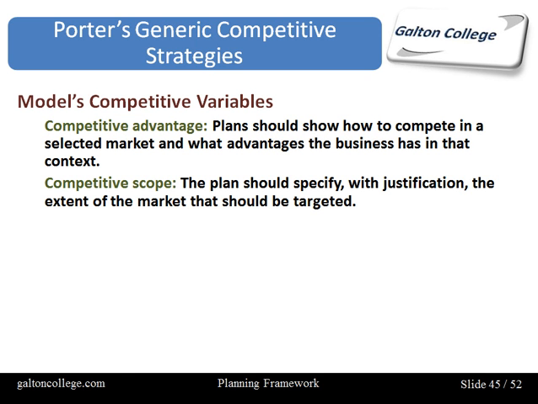There's also something called competitive scope. The plan should specify, with justification, the extent of the market that should be targeted. Introducing perhaps a new product into the market doesn't mean it's going to overlap completely with a previous product.